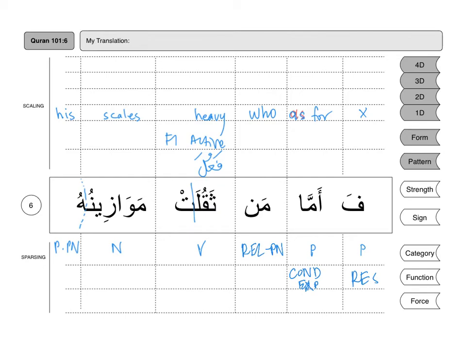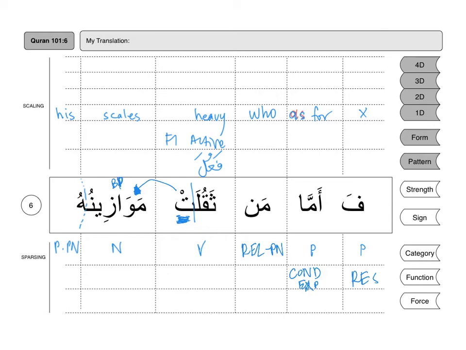Okay, so man is a relative pronoun, which means one who. So thaqulat is heavy. Thaqula is heavy. The ta is the feminine ta, which is referring to mawazin. Mawazin means scales, which is the plural of mizan. So mawazin is plural, so it's a broken plural.